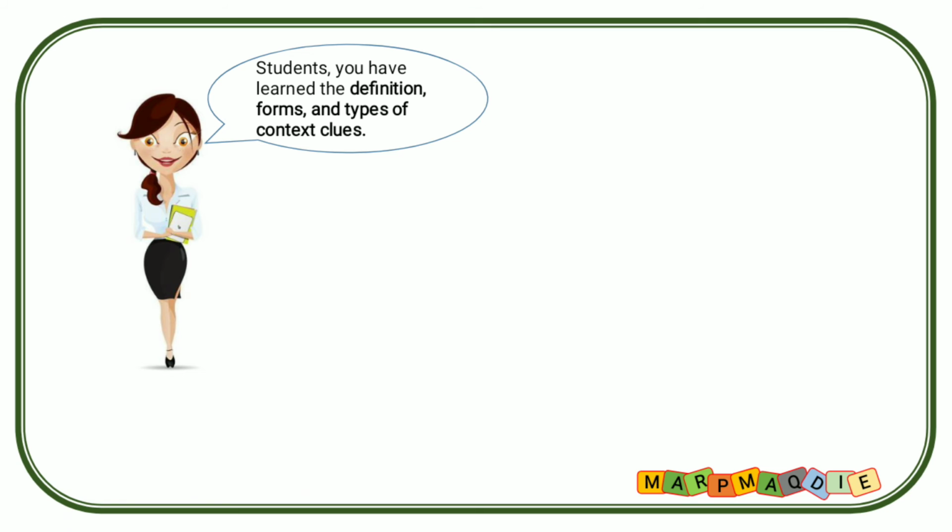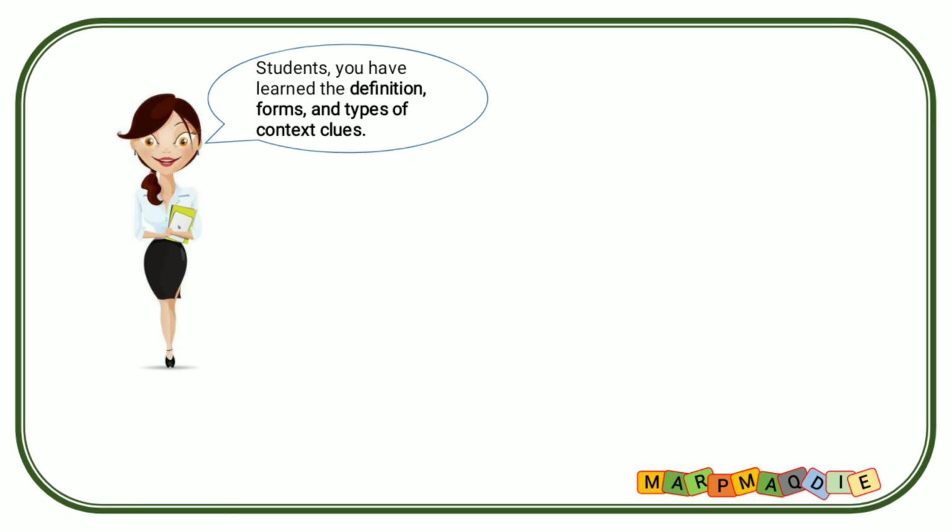Okay, my dear students, so you have learned that context clues are clues that you can find from the context, and they are very helpful for you in your reading activities. You have learned the definitions of the context clues, the forms of the clues, and also the types of the context clues.